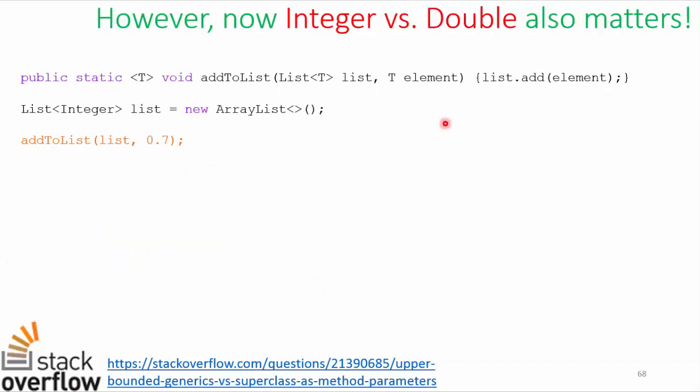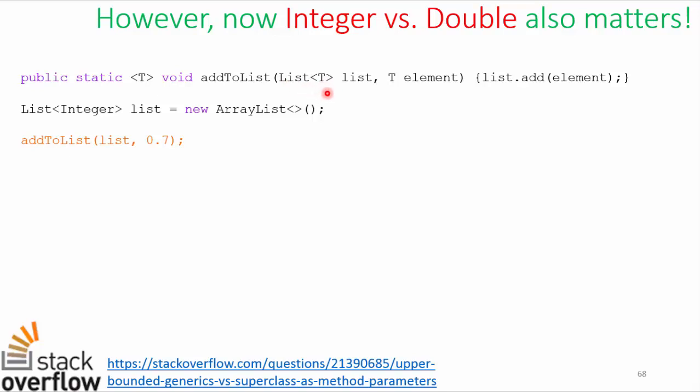But here's an example that would be closer to the previous slides where we started finding some irregularity. Now let's say that I have two parameters, still my list of t and my element t, but this time I'm passing a list of Integer as first parameter, which means Java should infer that t, as in list of t here, is Integer.